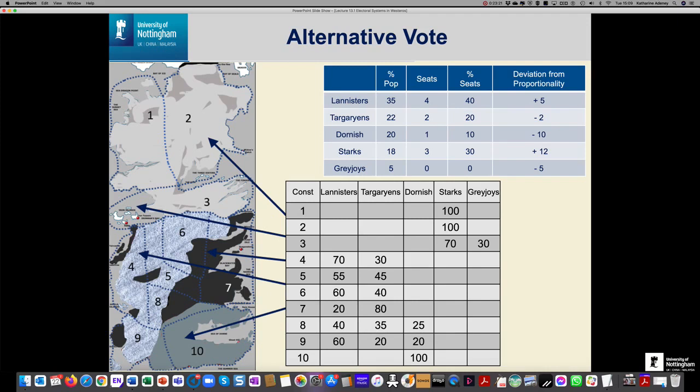So what then happens? The Dornish candidate, because they got the fewest votes with 25% of the population, is eliminated. And their second preference votes will be distributed between the Targaryens and the Lannisters until one of them achieves over 50% of the population. Now, how are those second preference votes going to be distributed? Are they going to go to the Lannisters?